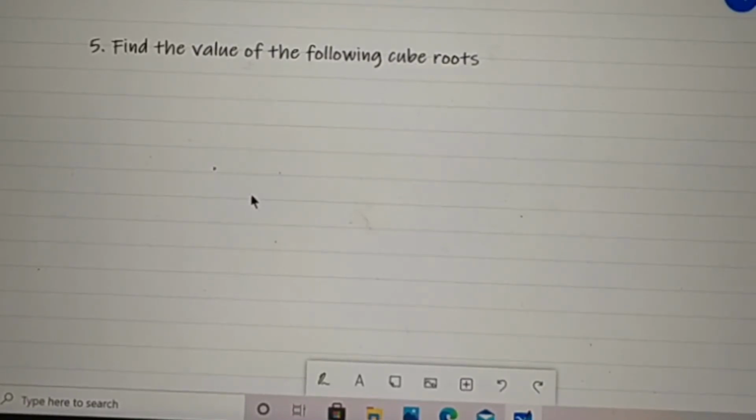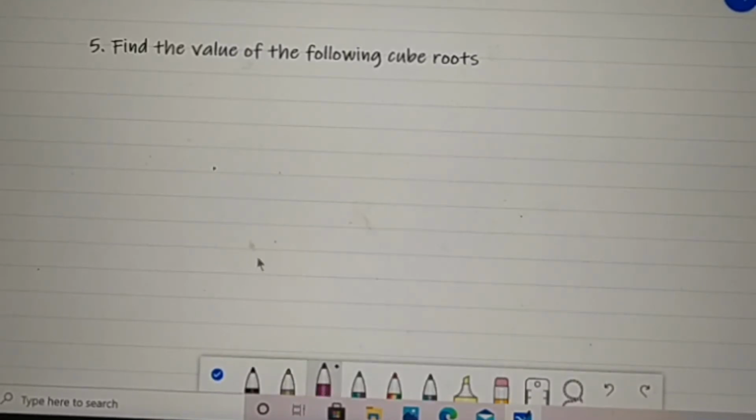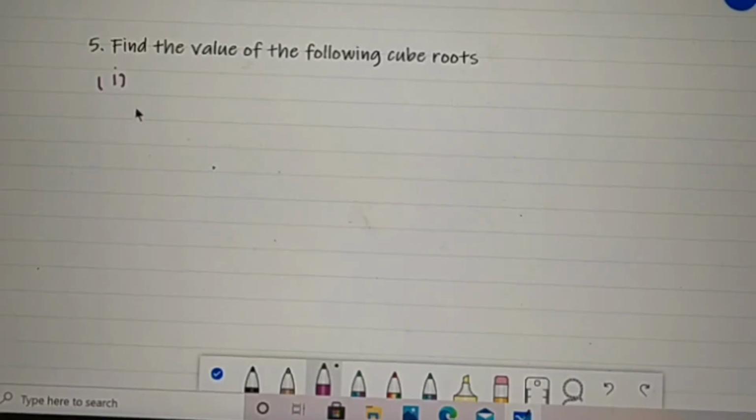Yes, we have to find the value of the following cube roots. This is the first part of question number 5. We have to find the cube root of 0.008. We solve this.